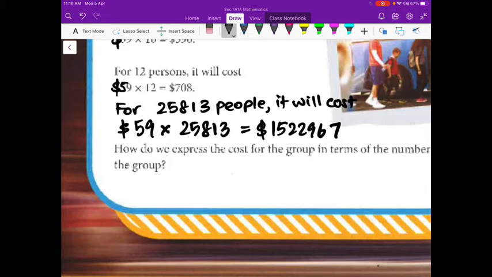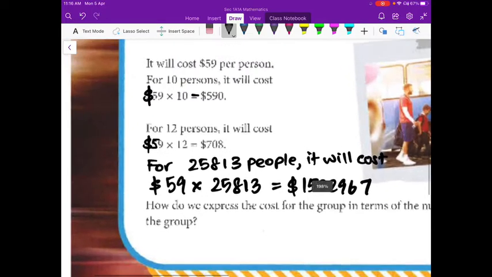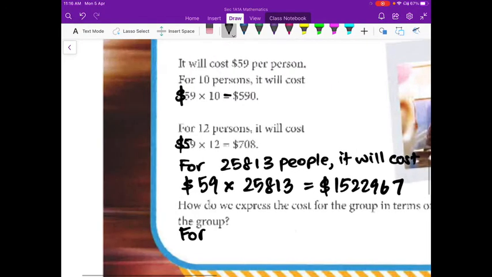Okay, now, what happens if I have X people? It will cost how much?